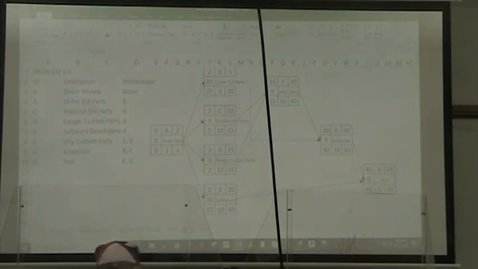All right, having done that, that means that we now can identify the critical path by any activity that has zero slack.